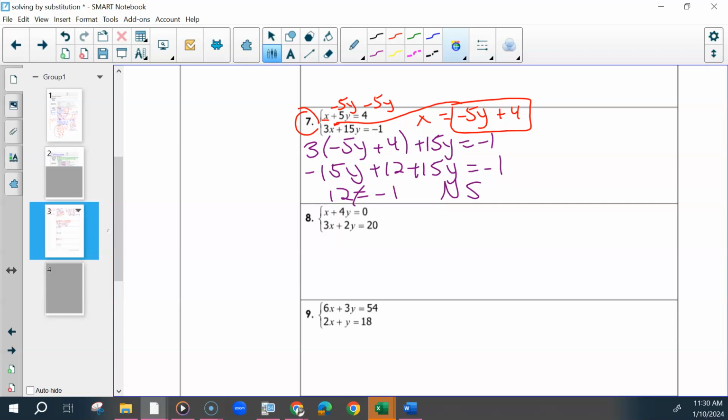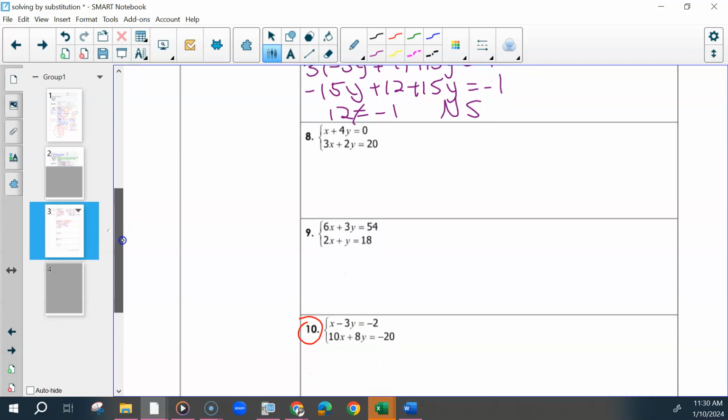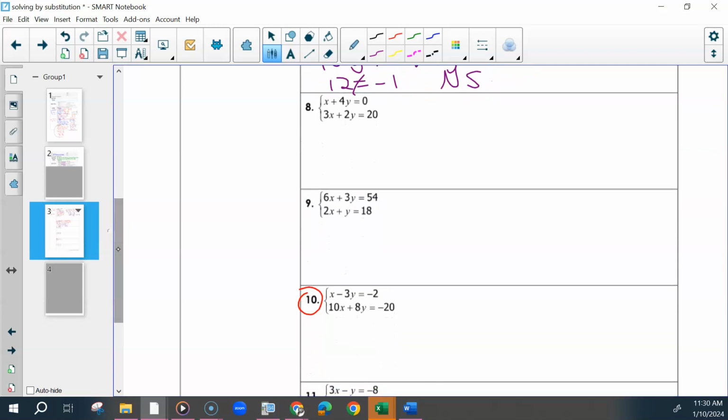If you get no solution, that means you shouldn't have an x and a y value. If you have an x and a y value, it can't be no solution or infinitely many. So it's one or the other.